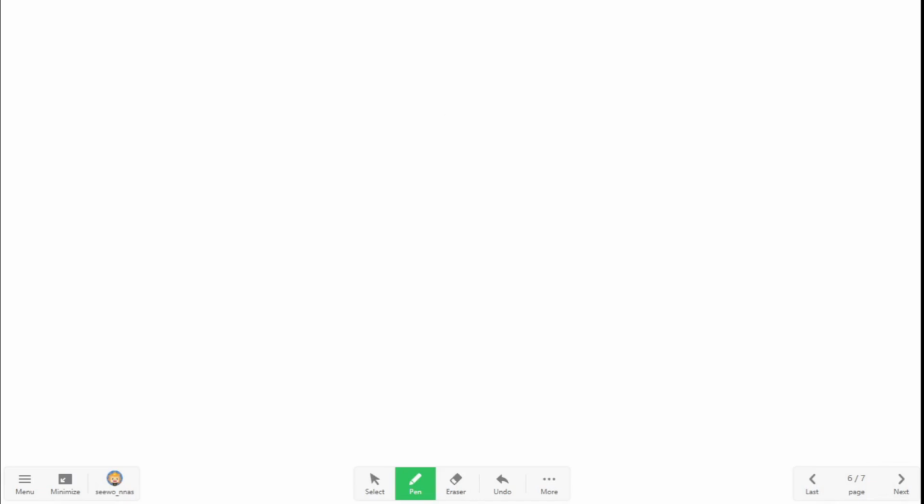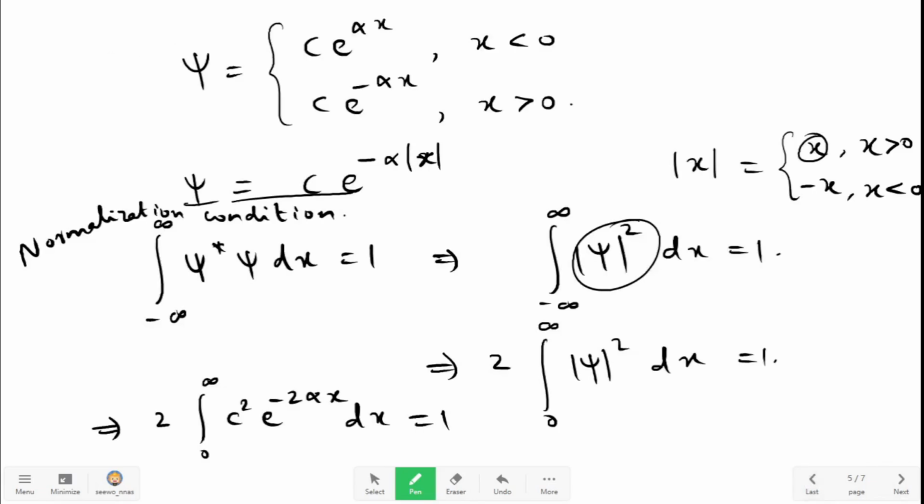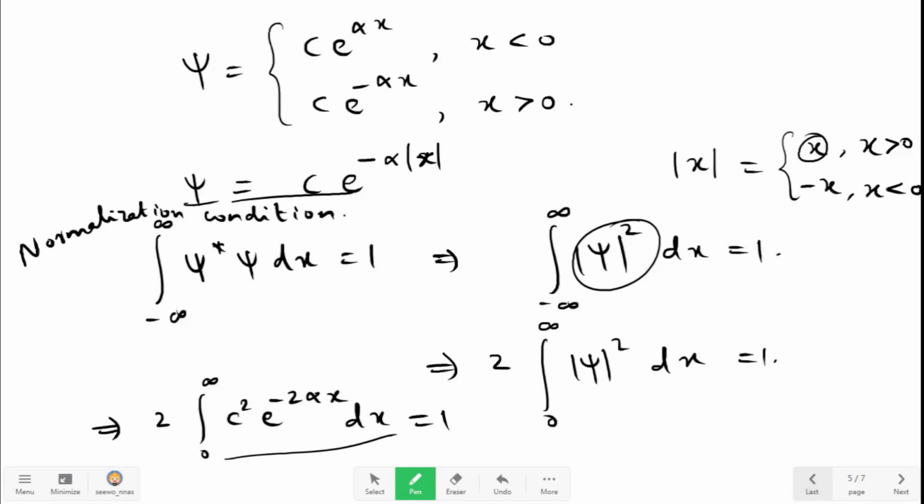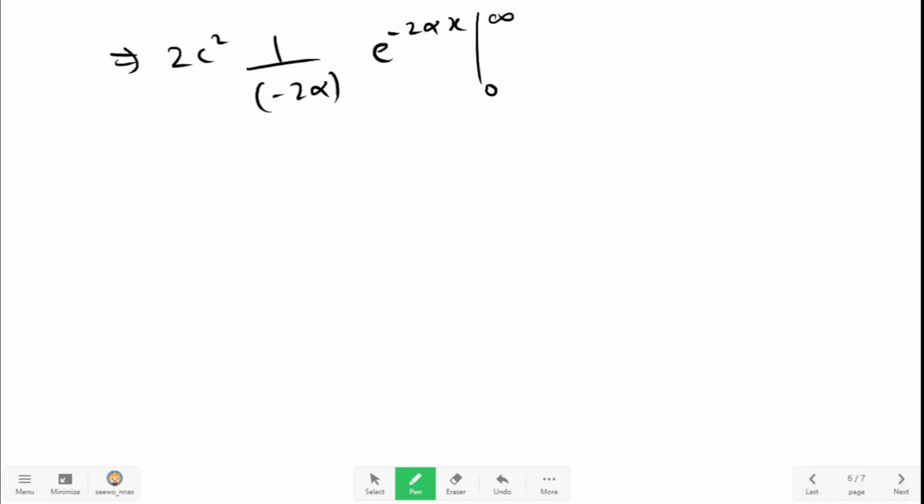This implies 2 times, when you do this integration you will get 1 by minus 2 alpha e raised to minus 2 alpha x. You have to evaluate this from 0 to infinity. This is equal to 1.